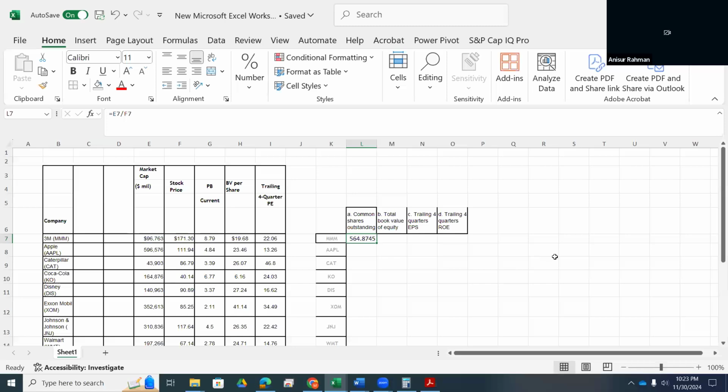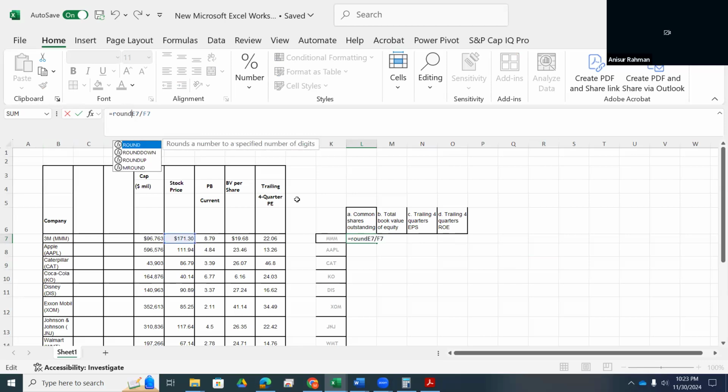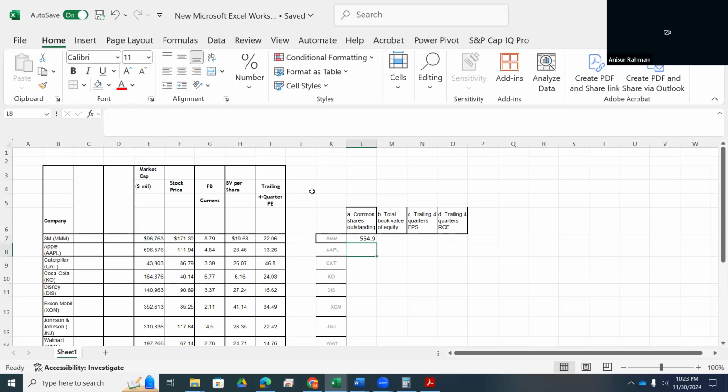Now, in Excel, we can also use round formula. So again, I can double click on it and bring my cursor here. I can also edit from here if it is easier. For example, I can click on here, write down round, open a parenthesis, and at the end, I want 1 decimal place, a comma 1. Okay.